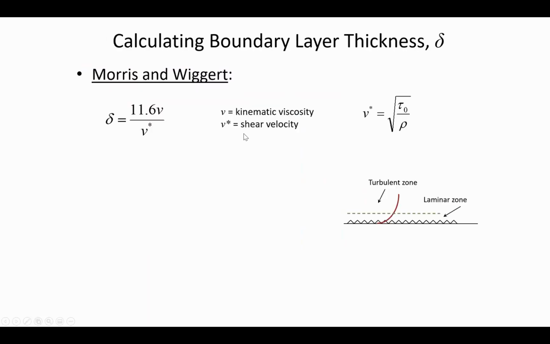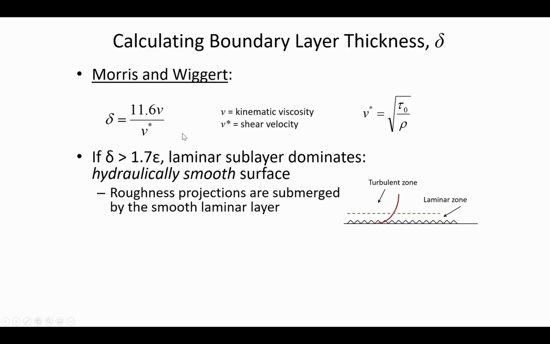So if your boundary layer is much taller than those elements, then what you can say is that the roughness of the pipe is completely submerged within the laminar layer. And that's considered hydraulically smooth.